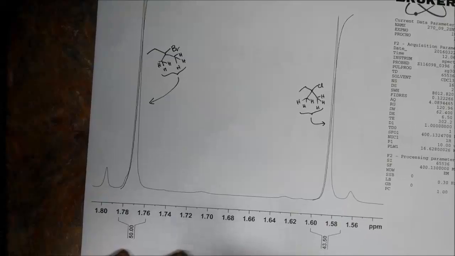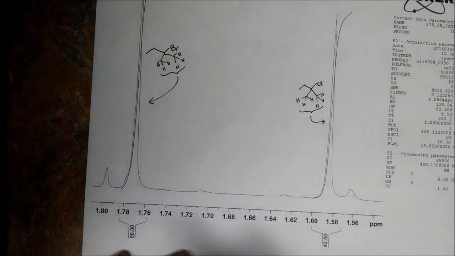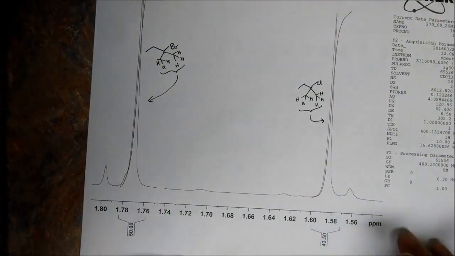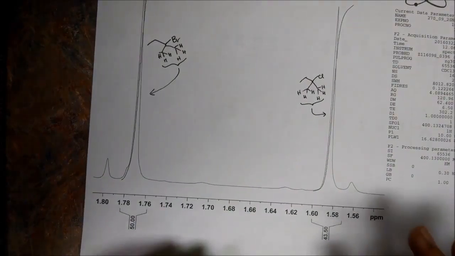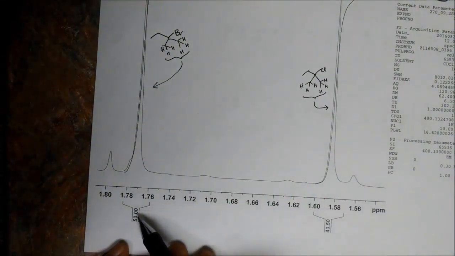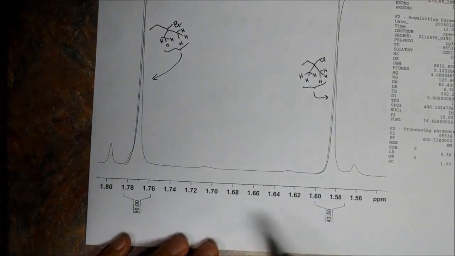We can actually get lots of different splitting patterns in the proton NMR. But today, again, we're just looking at this focused part of the spectrum because this is all we need to look at today. So you can see too that I have put these numbers underneath each of these peaks. They correspond to the area underneath these peaks.